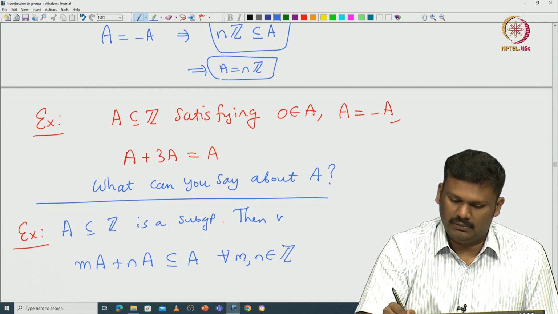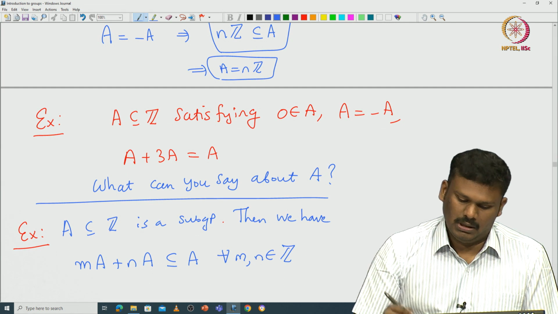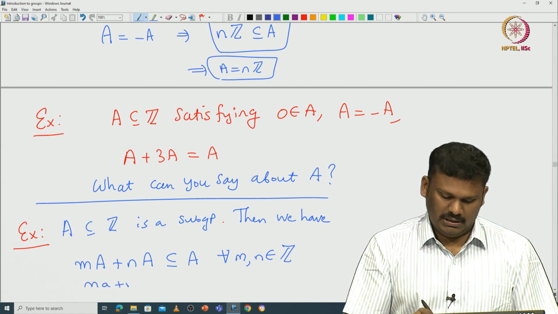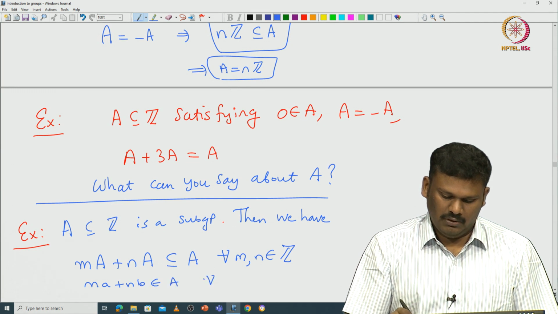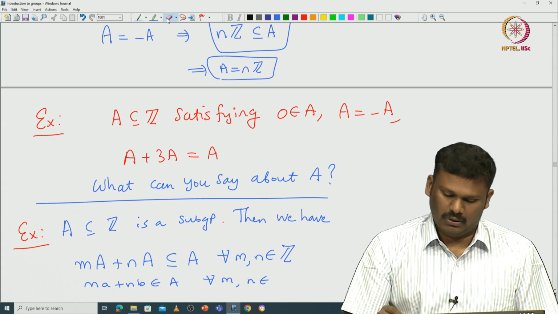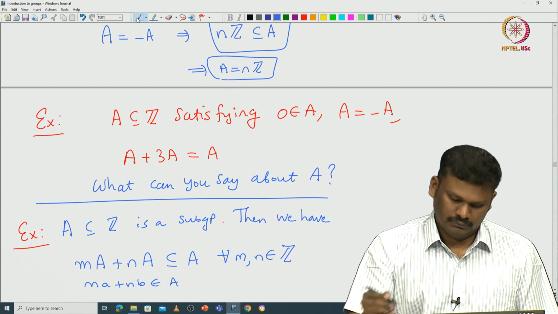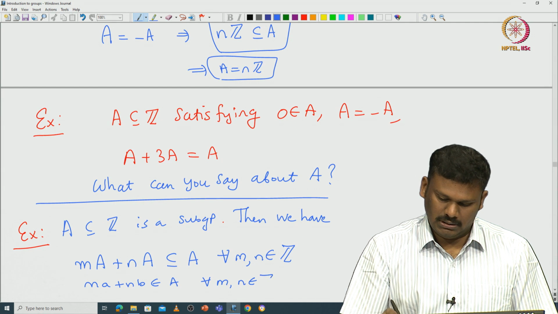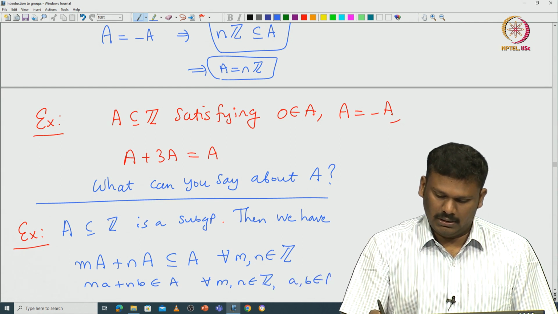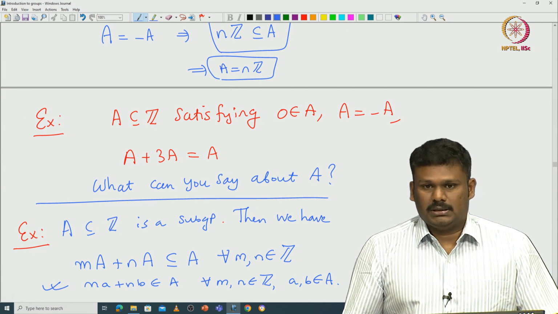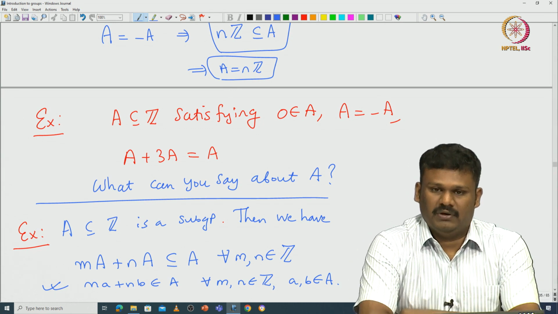So, then we have that any mA plus nB should be in A for all m, n in Z and a, b in capital A. So, this is what we want to prove. Okay, so this gives some information about subgroups of integers.